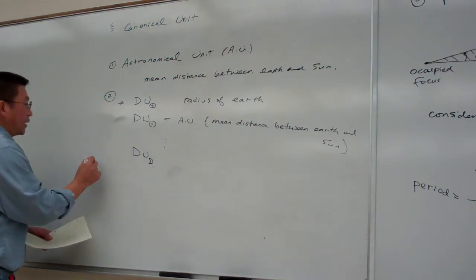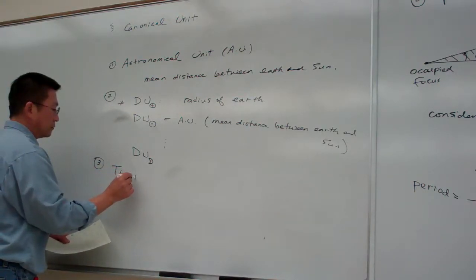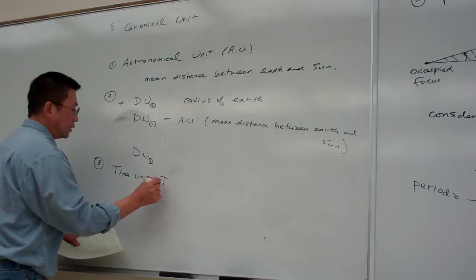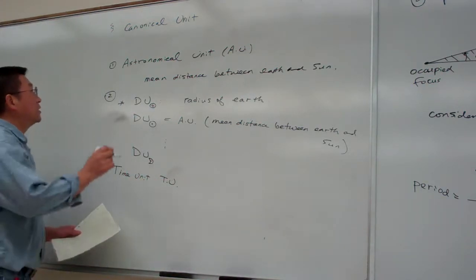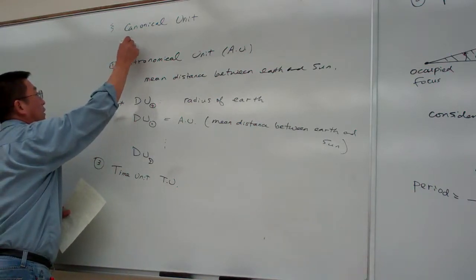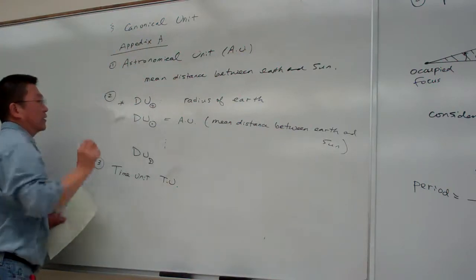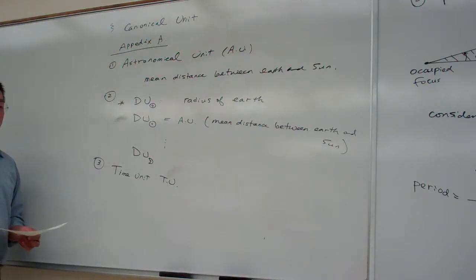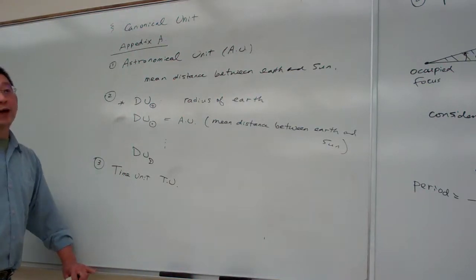Okay, and the third one is the time unit, TU. Everything here is in our textbook Appendix A. A TU is a time unit, and how to pick a good time unit can be done by this.